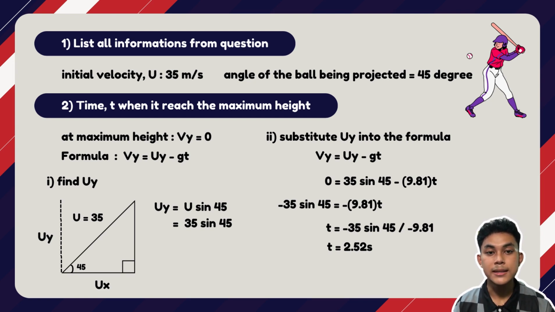So, to find the t, we will use the formula Vy equal to Uy minus gt. To use the formula, we need to find the Uy first. From the triangle diagram, we can retrieve that Uy is equal to 35 sin 45. Next, we substitute the Uy value into the formula, and finally, we get t is equal to 2.52 seconds.